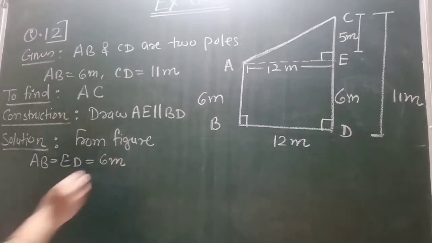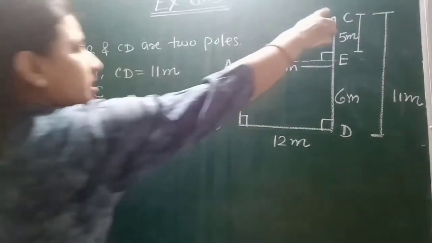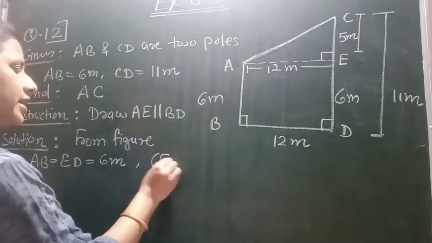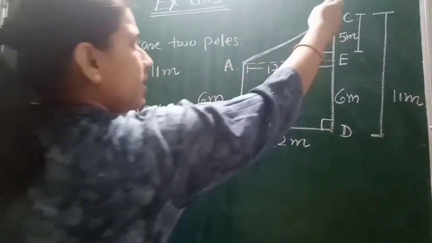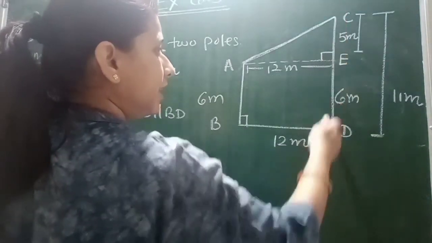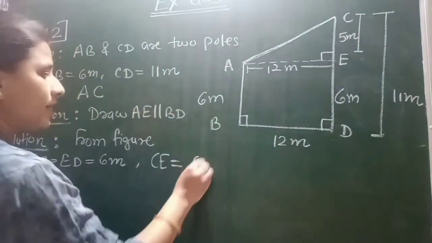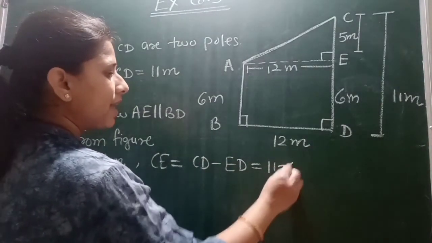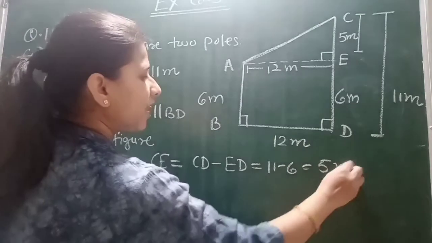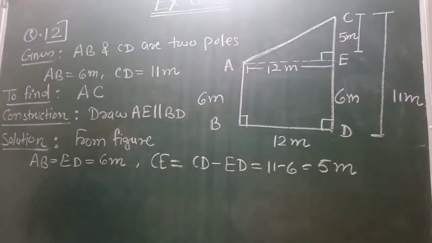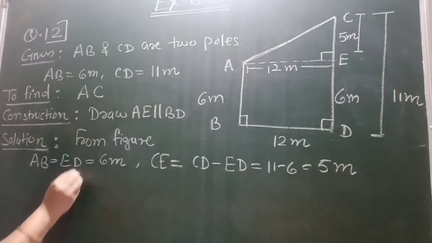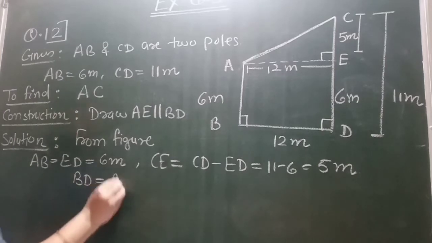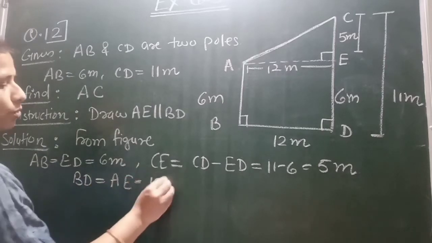Okay, so CE, how we can find CE? CE we can find, we will subtract this ED from this CD. CD minus ED. What will remain? 11 minus 6, which is equal to 5 meter. Okay, and similarly we will write BD equals AE equals 12 meter.